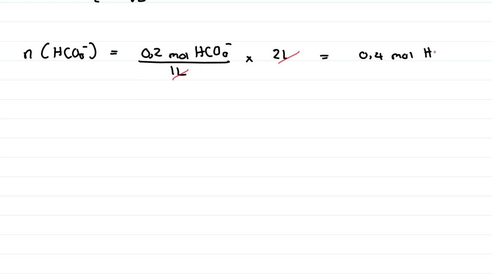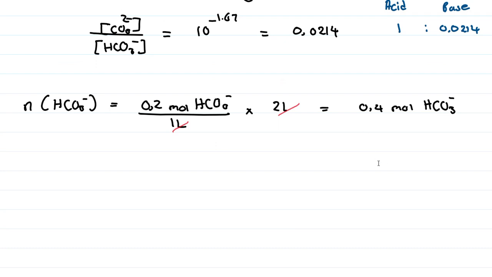which is 0.4 mole of HCO3 minus. Now that we have the number of moles of the acid, we can find the number of moles of the base and then find the mass that needs to be added.